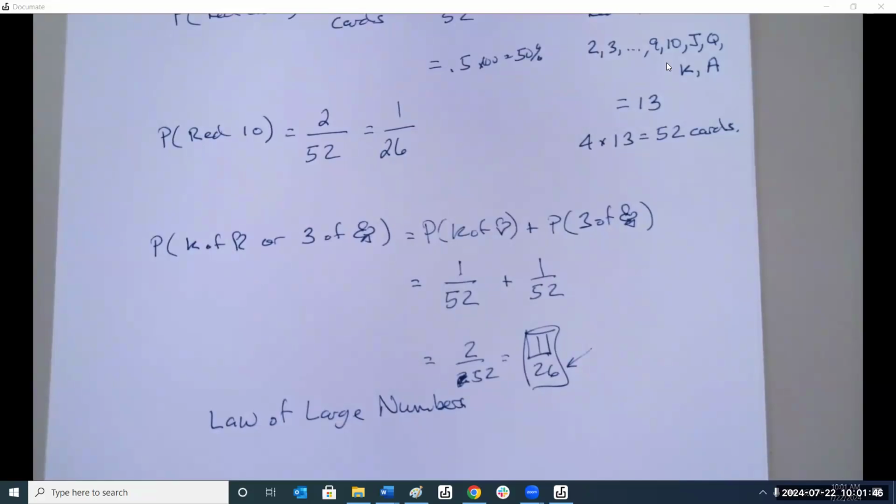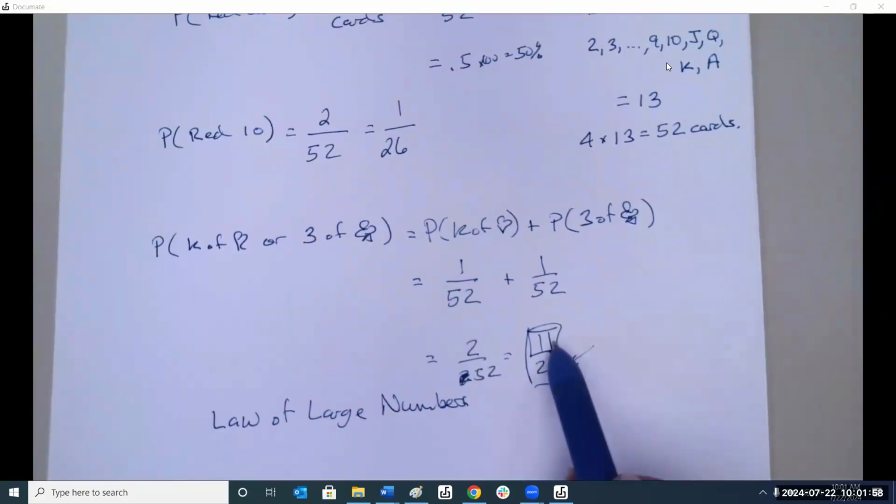It simply means you have to do it more and more. On the average, that's what this 1/26 means, is on the average, if you pick 26 cards out of a deck, one of them will be a king of hearts or a 3 of clubs. It doesn't mean it's always going to work. It just means that there's a large probability that this is going to happen.